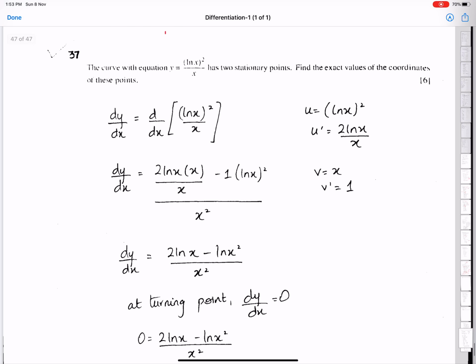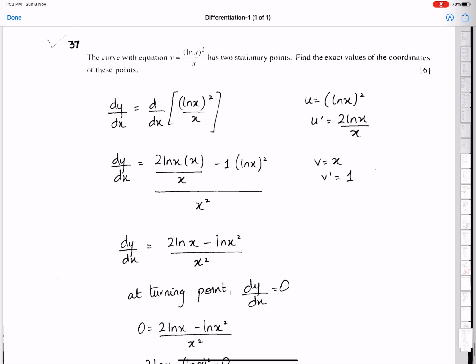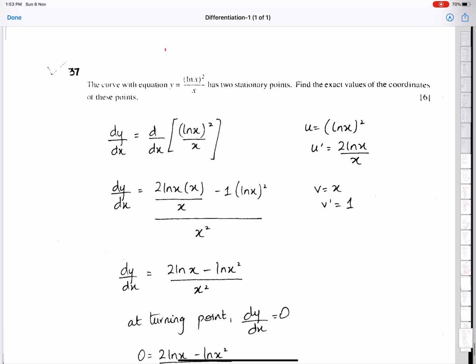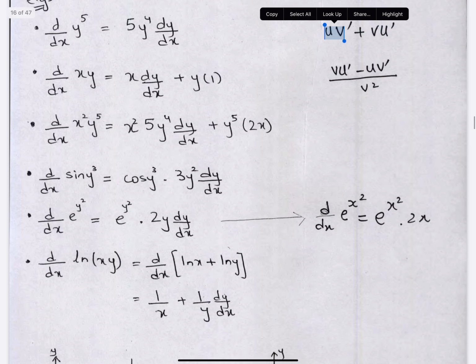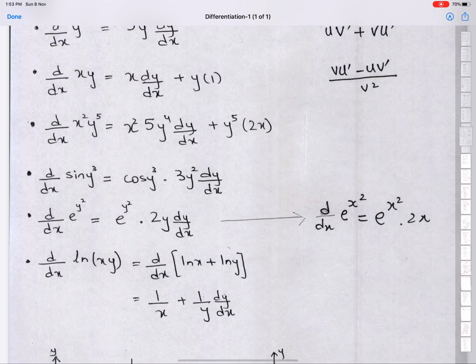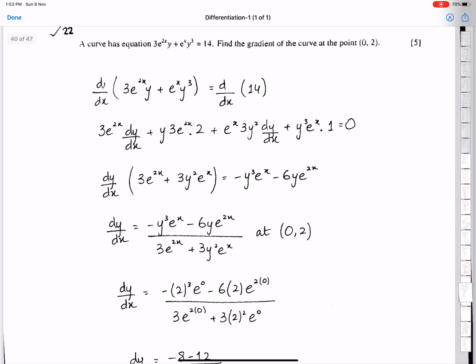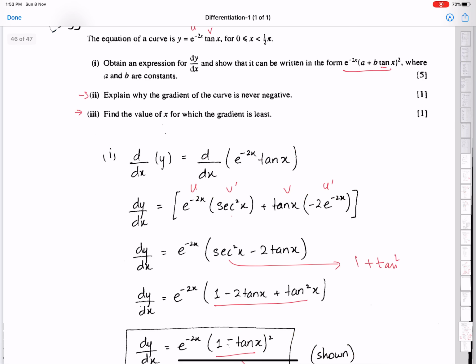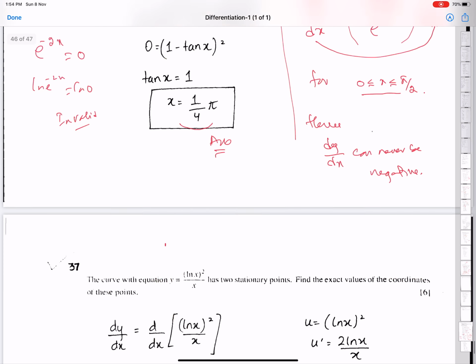Well, this is again one of the most important questions, the differentiation of composite ln function. Make sure you won't use the power law of ln here. It was page number 30, question number 37.